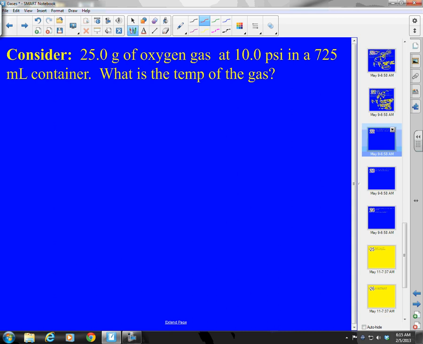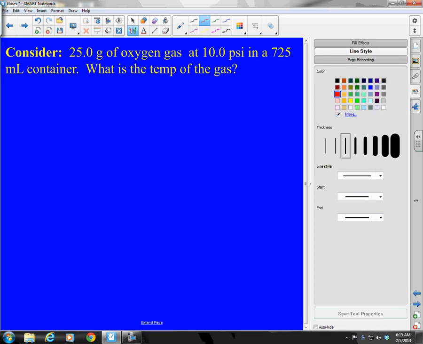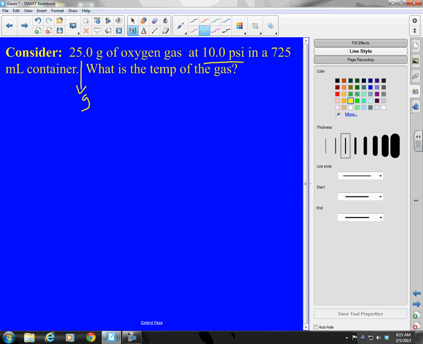Here we go. Consider 25 grams of oxygen gas. I'm given a situation where I have grams. I have 10 psi, so that's a pressure. I have a 725 milliliter container, that's a volume, and it wants to know a temperature.